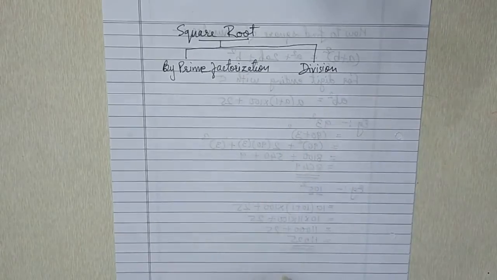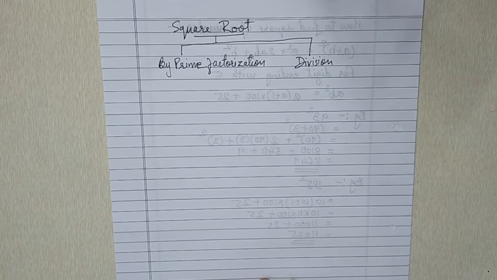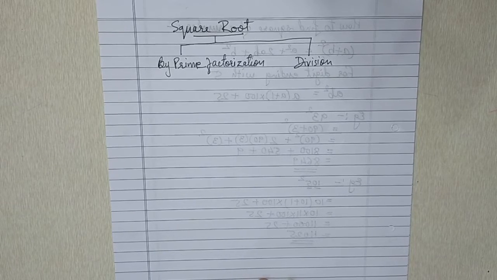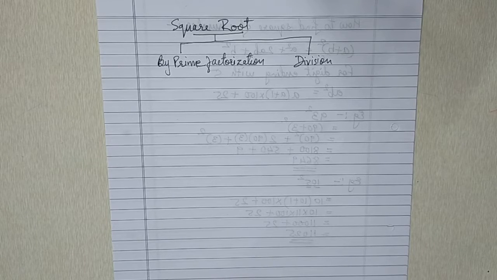So first of all, let us see the prime factorization method. Do you all know what prime factors are? You would have learned it in your previous grades. Prime factors are the numbers in which we break any given number into prime numbers.